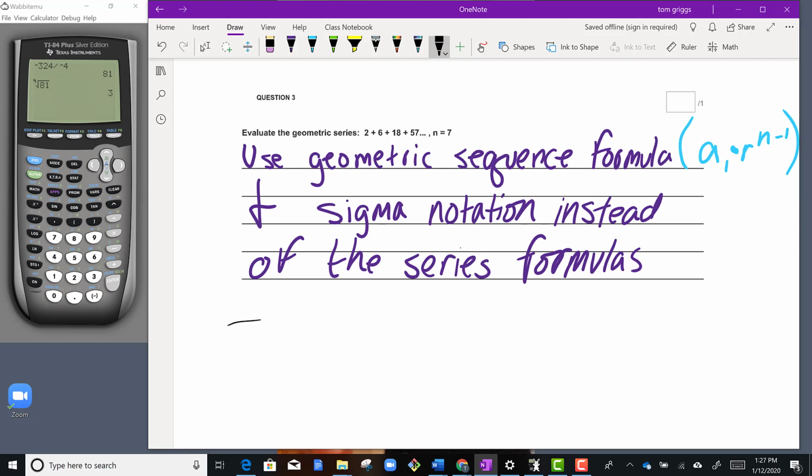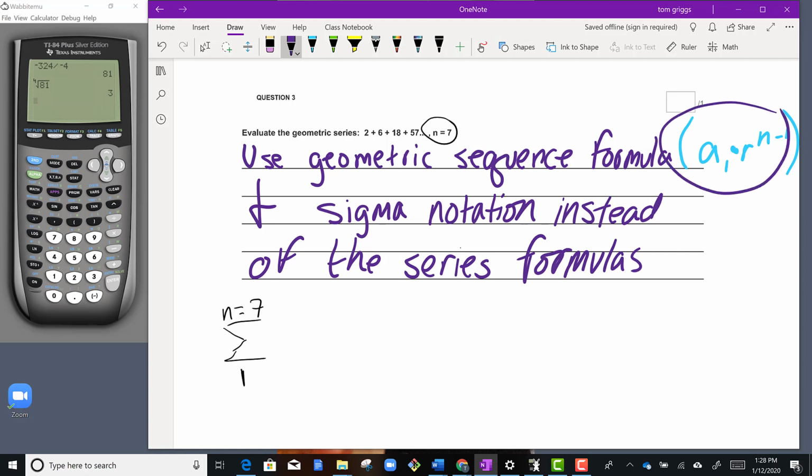The sigma notation says we're going to take every term of the sequence, and you'll notice it tells us there's 7 terms. So we're adding 7 numbers together. So we're adding the first number. So I'm going to put a 1 down here, my lower bound. My upper bound is n equals 7. And then I'm going to use the geometric sequence formula.